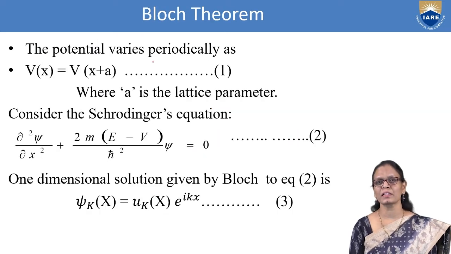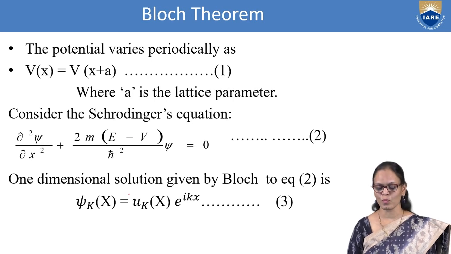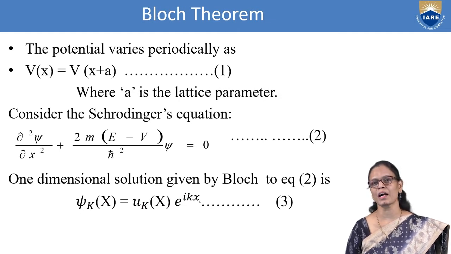Now we are applying the potential. The potential varies as V of x is equal to V of x plus a, where a is the lattice parameter. Considering the solution to the one-dimensional Schrodinger wave equation, psi k of x is equal to u k of x e power ikx.